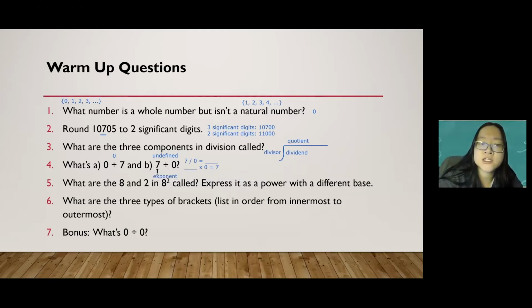You guys should have learned BEDMAS, right? So if you've learned BEDMAS, then the E stands for exponents, and that's what they mean here. Sometimes it is called the index. And then the 8 is called the base.